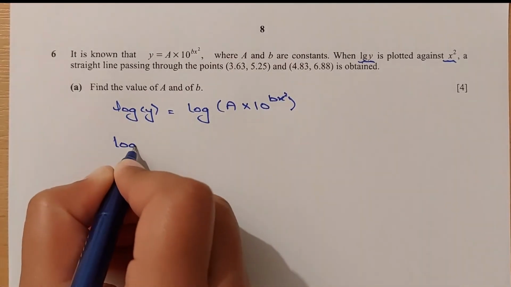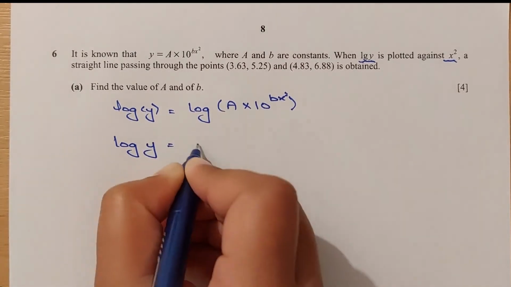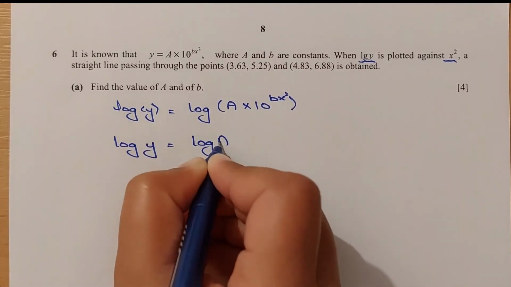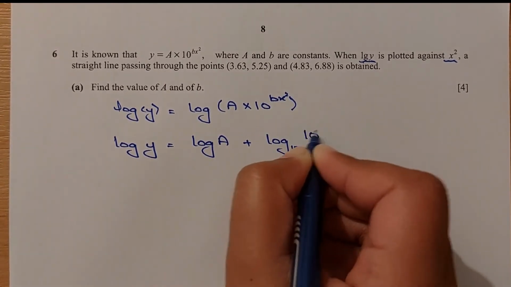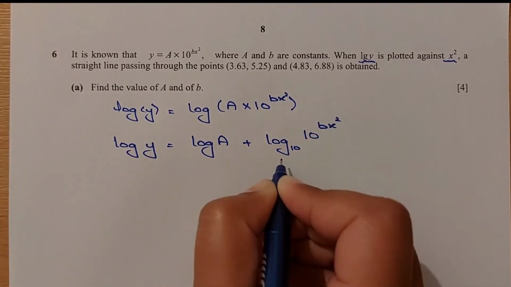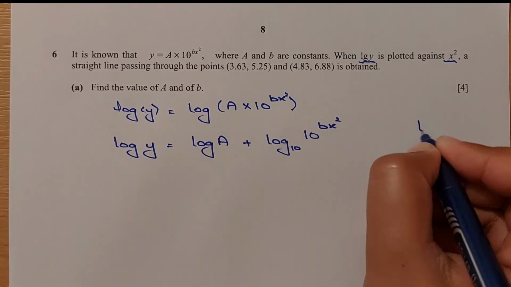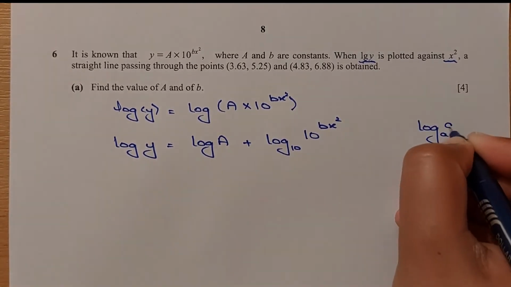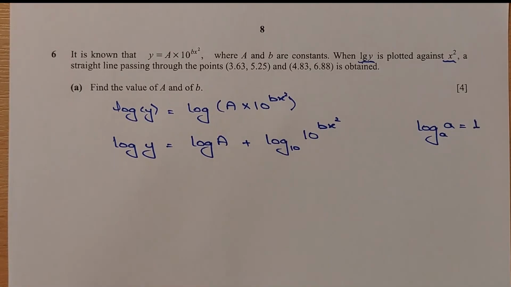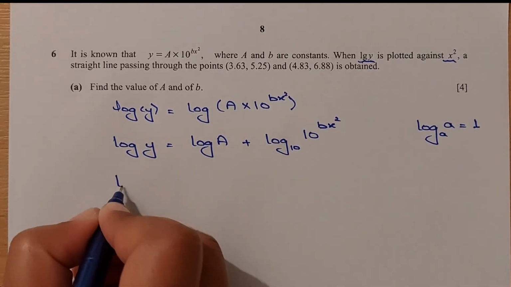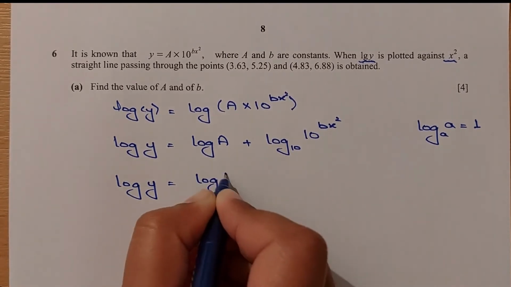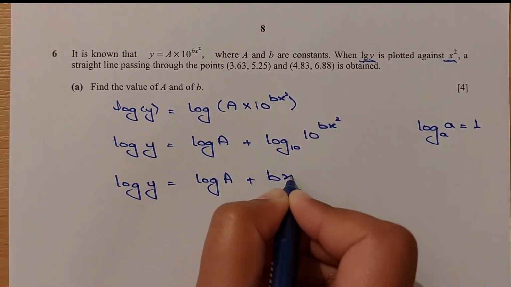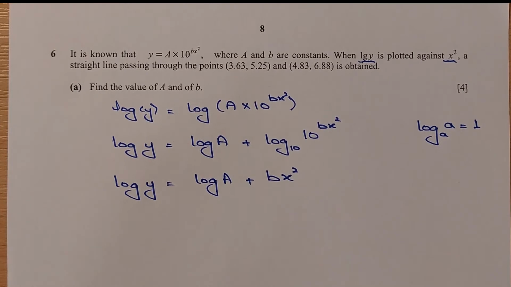We add, so log y equals log a plus log base 10 exponent bx square. Log base 10 of 10 to a power, when the base and this term are the same, equals 1, so we can say log y equals log a plus bx square. So this is the equation.